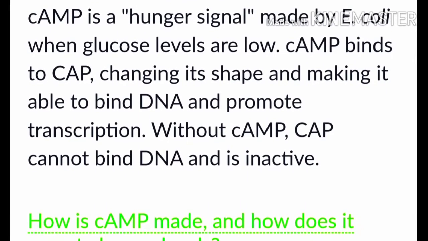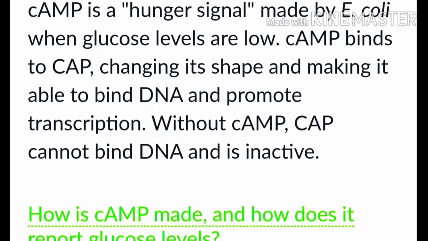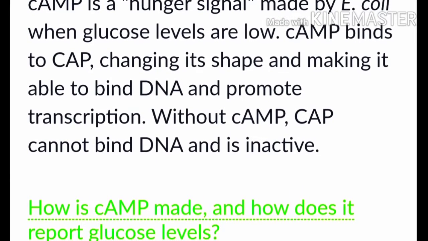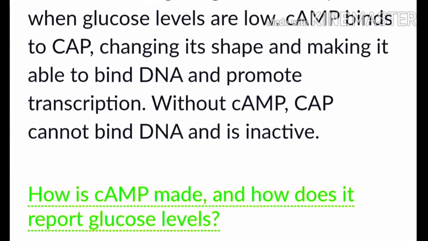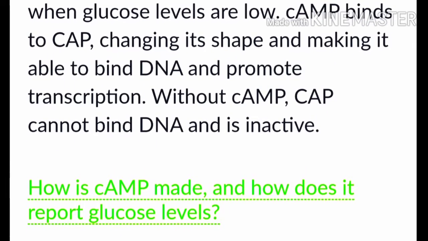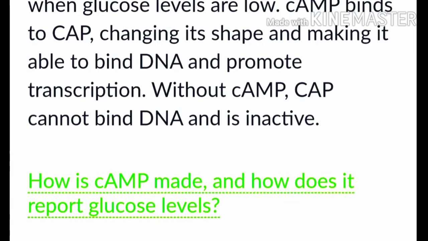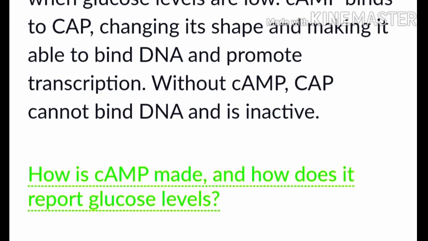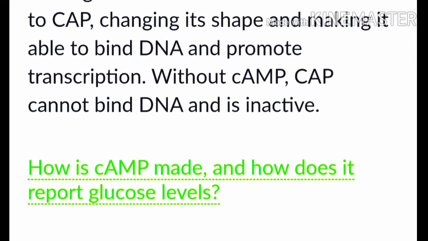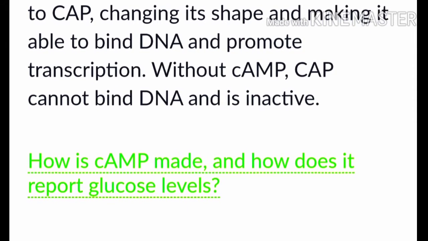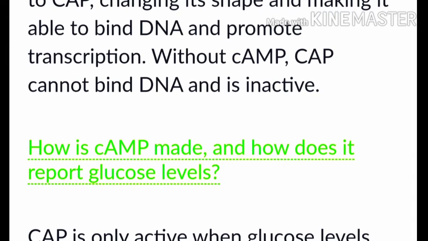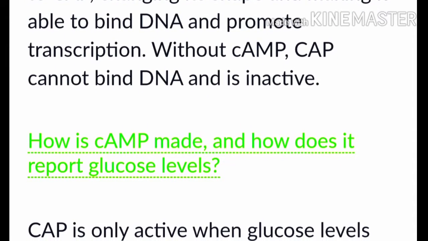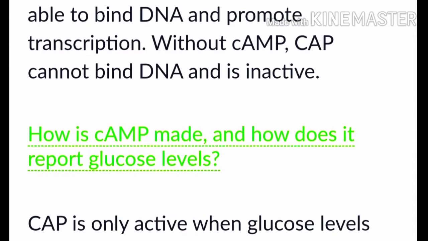The cAMP binds to CAP, changing its shape and making it able to bind with DNA and promote transcription. Without cAMP, the CAP cannot bind with DNA and it remains in an inactive state.